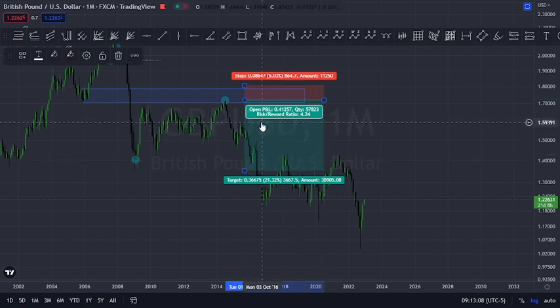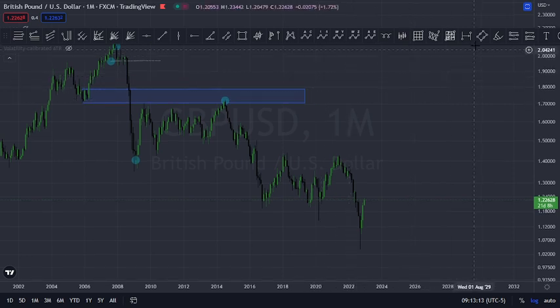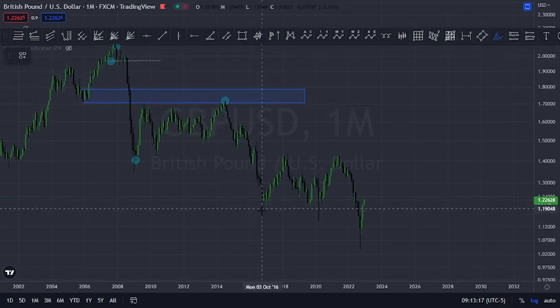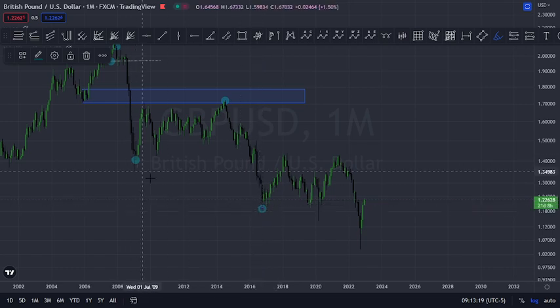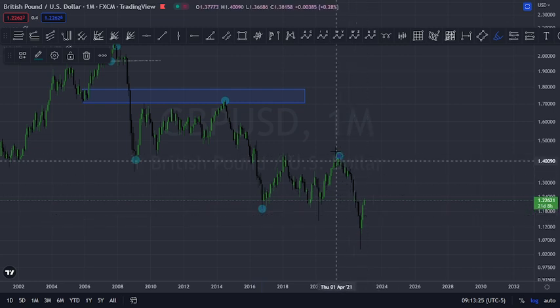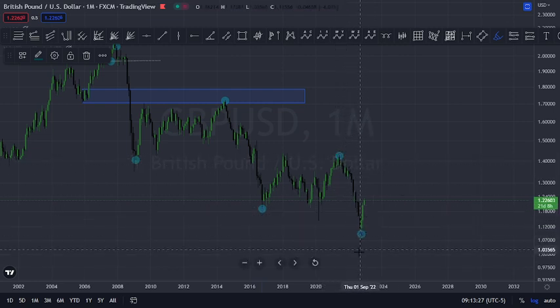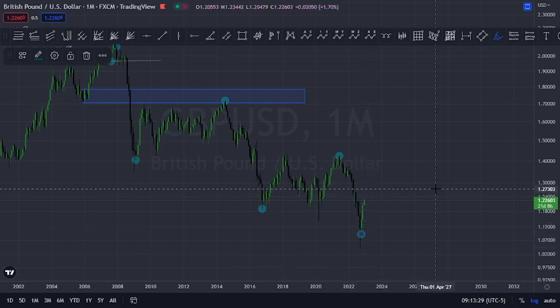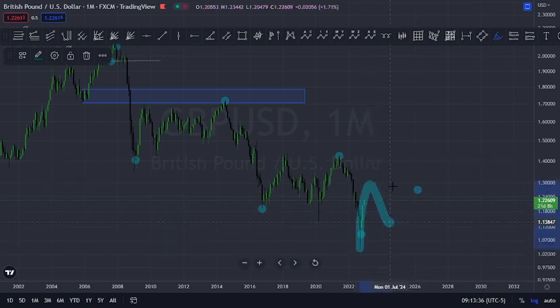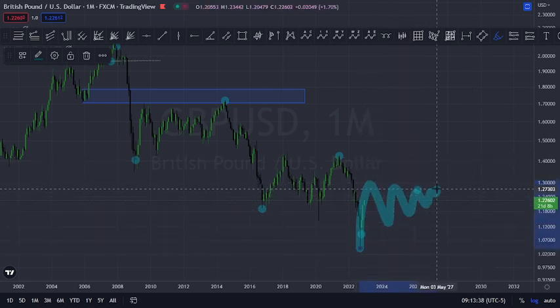So internal liquidity, now the external, as I said, will be below these lows. Then internal again, then external, and now the market is currently taking the internal liquidity.